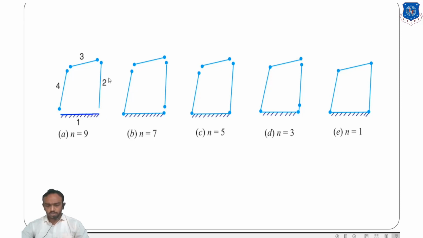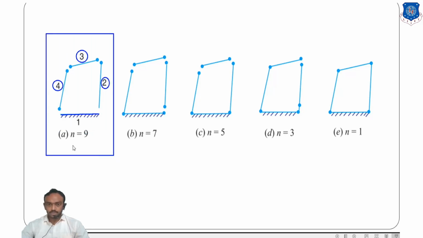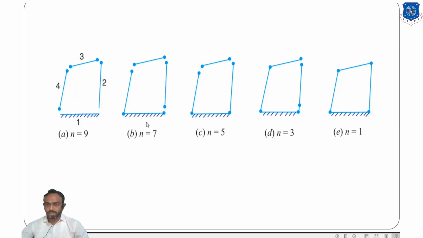But for numbers 2, 3 and 4, these 3 links are free. So how many degrees of freedom for this total system? 9. 3, 3, 3.